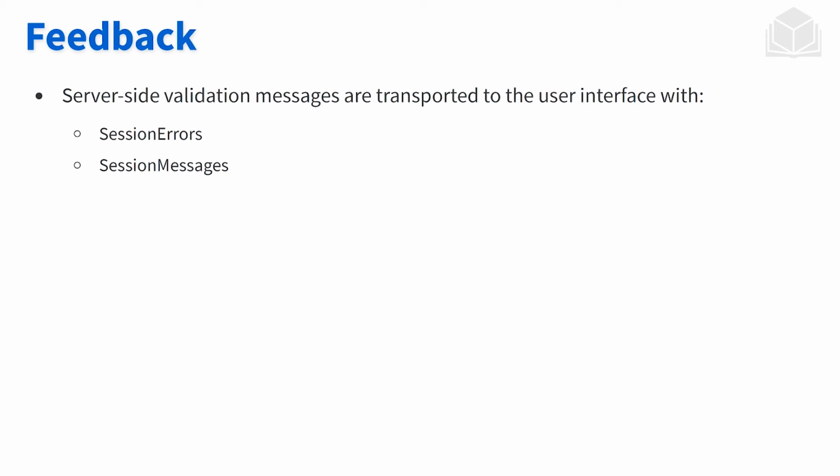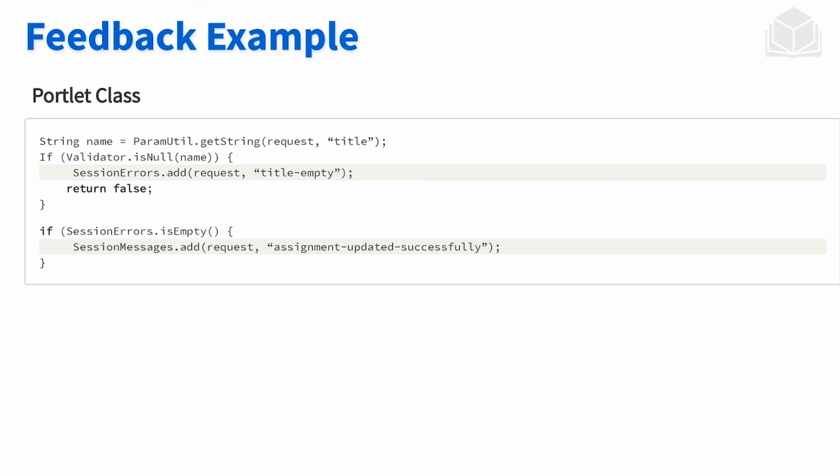So let's take an example. Over in our portlet class, let's say we have a validator making sure that something is there. If there's nothing there, we're going to use the session errors to pass within the request object the string title empty. Here in this example, we're using the validator to check whether or not the name is null.